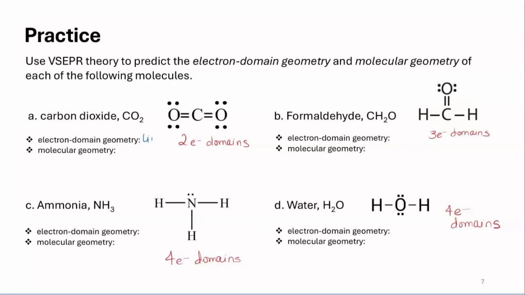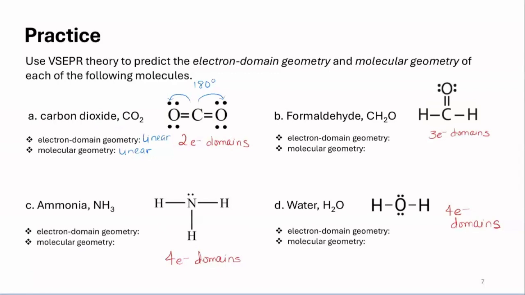So the answer here is linear. And in linear, the angle between the central atom and either side of the atoms connected to it is going to be 180 degrees. The question doesn't require it, but I want to remind you of that measurement.